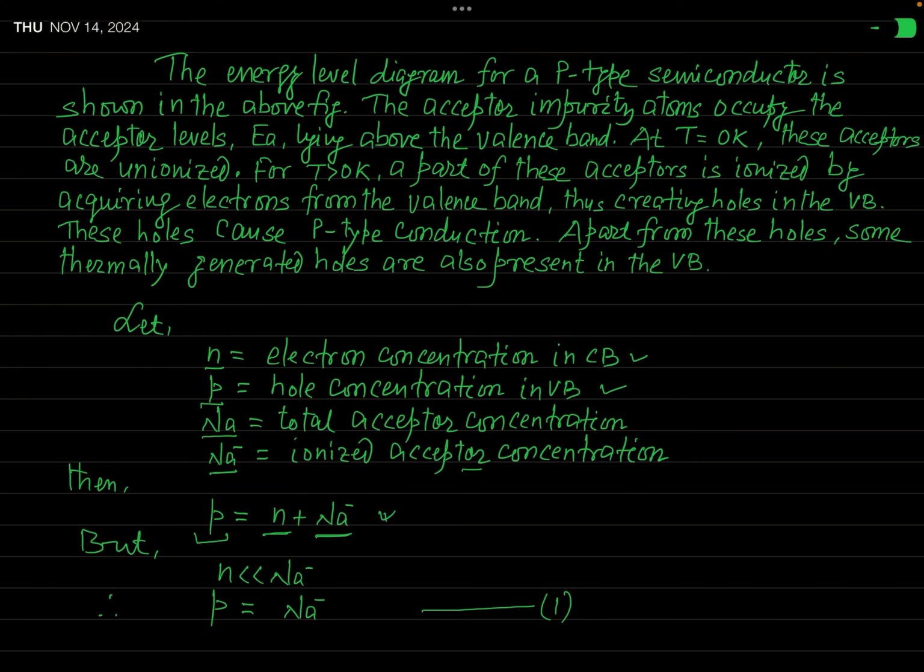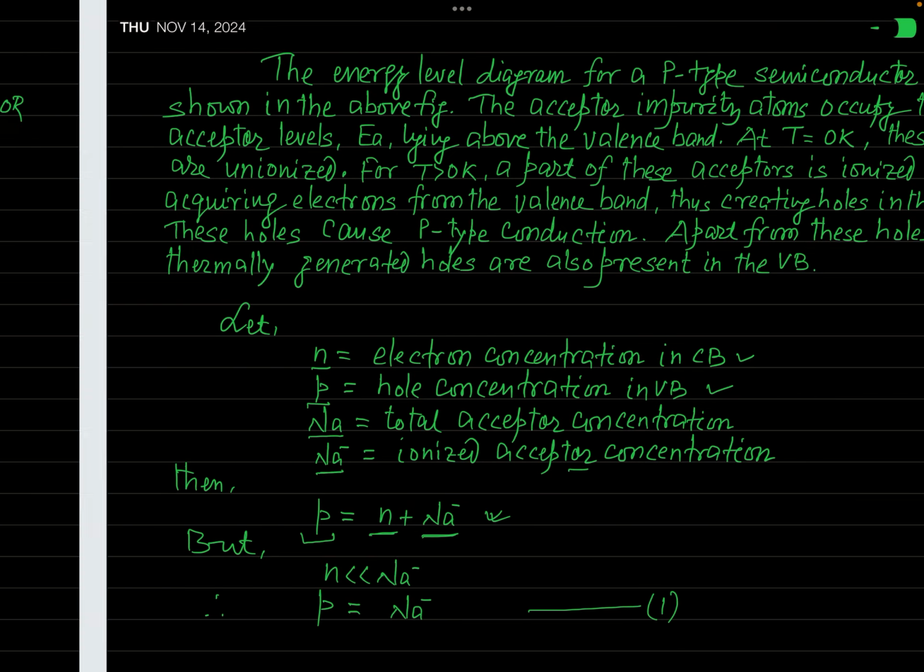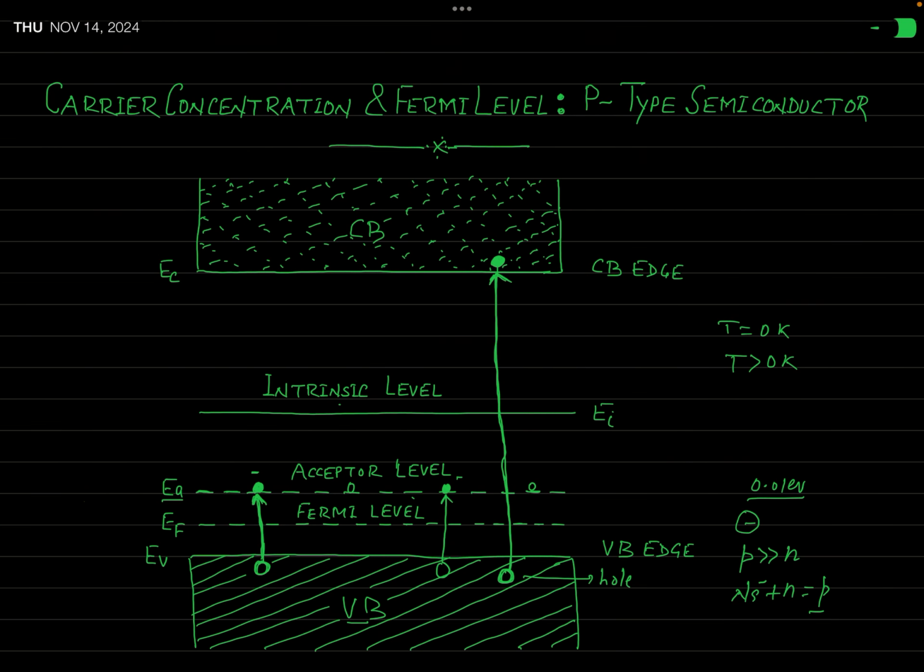I think this fact is clear to you. But as the aim of this semiconductor is to conduct only due to the doping, not by thermal agitation, the number of electrons moving from the valence band to the acceptor level is much greater than the number of electrons moving from the valence band to the conduction band.